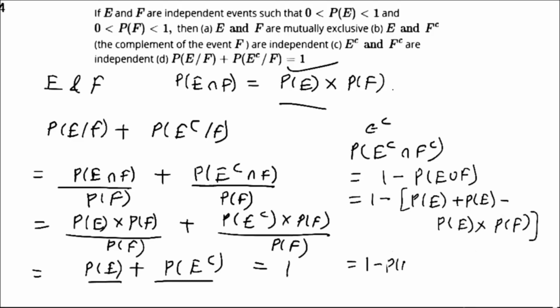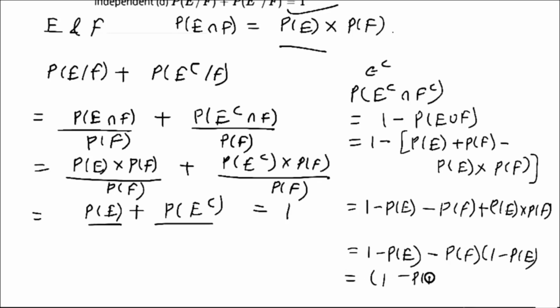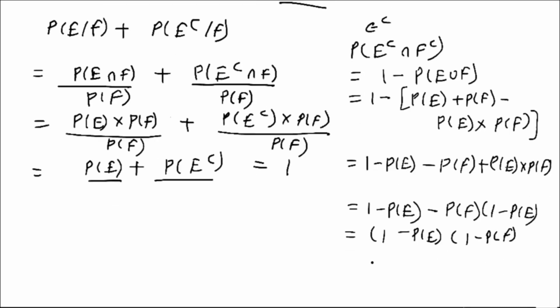So we have 1 minus the probability of E minus the probability of F plus the probability of E times the probability of F. This is equal to 1 minus the probability of E minus the probability of F, where we can take common 1 minus the probability of E. So this implies 1 minus the probability of E times 1 minus the probability of F. And 1 minus the probability of E is the probability of E complement, times the probability of F complement.